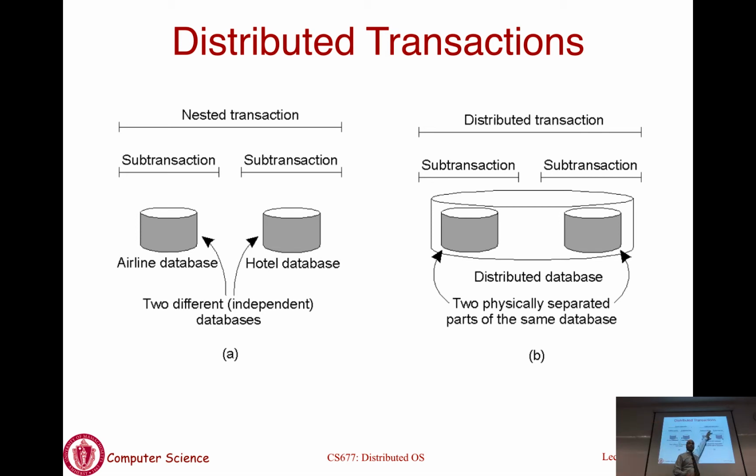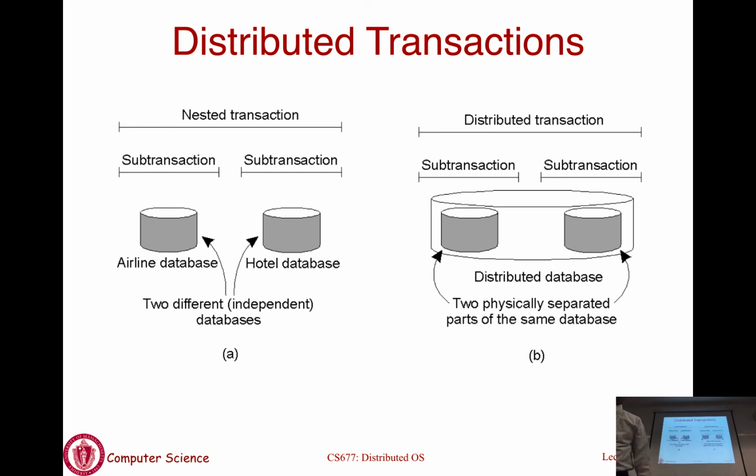If the transaction is acting on data stored on disk 1, that's your sub-transaction here. There's another sub-transaction there. So as part of executing a distributed transaction, internally you have sub-transactions that are operating on different parts of your distributed database. So that's basically the difference. In the nested case, they're distinct databases. Here, your database is distributed, so when you execute transactions, you have to implement this internally as sub-transactions.